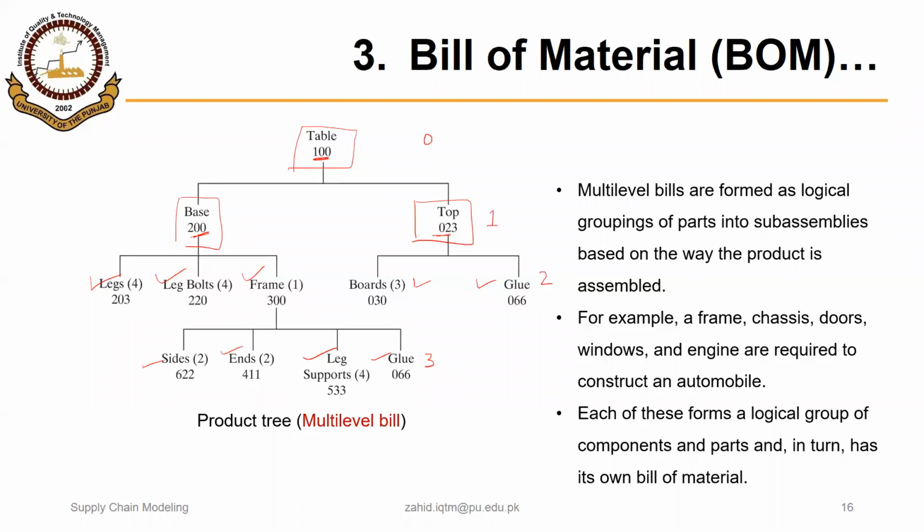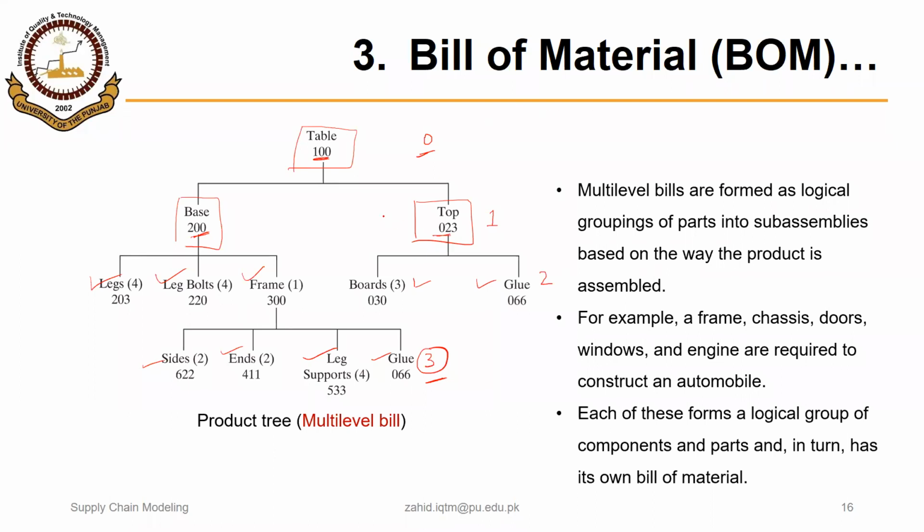In other words, the higher is the code, the earlier that component or sub-assembly is required in the manufacturing sequence. And smaller is the number, the later that part or component is required in the manufacturing sequence. So these are the 2 pieces of information that the product tree or bill of material provides.